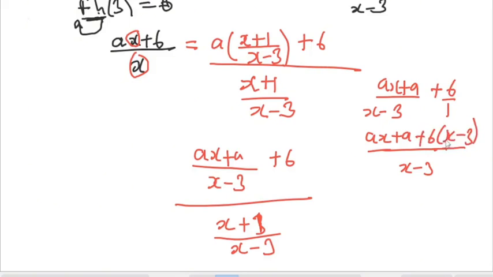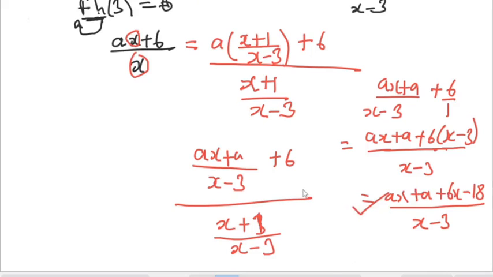From here we are going to say ax plus a, then positive 6 times x is positive 6x, positive 6 times negative 3 is negative 18, over x minus 3. So this that we have is our numerator.